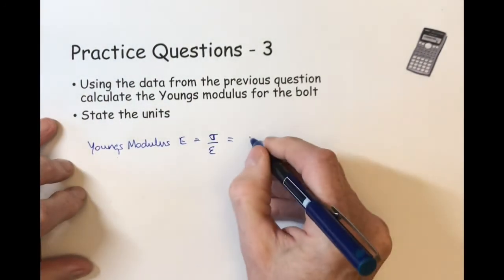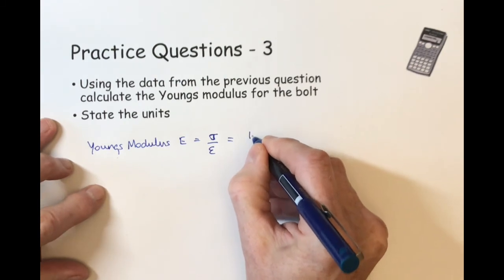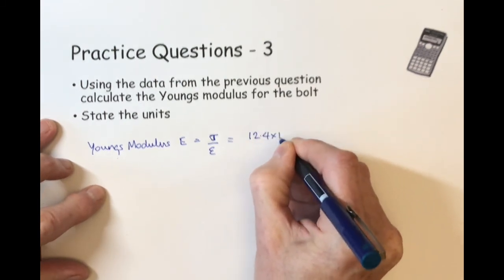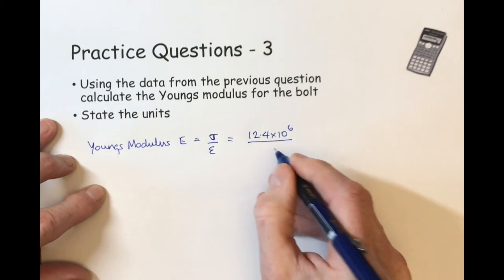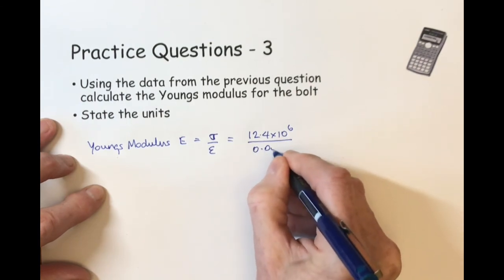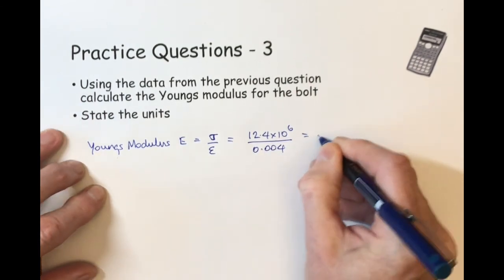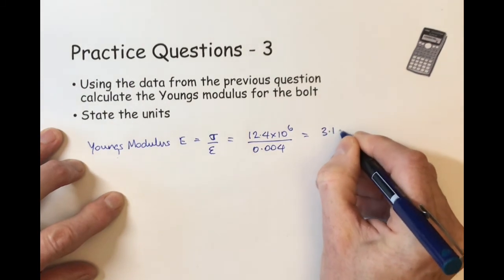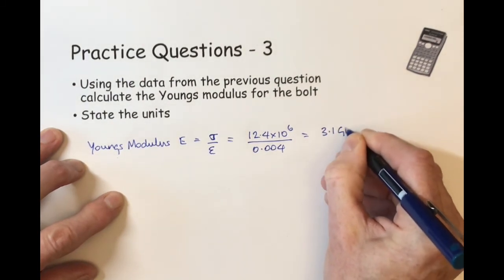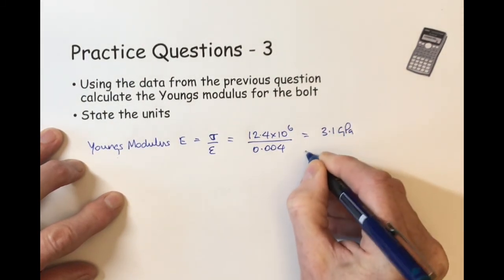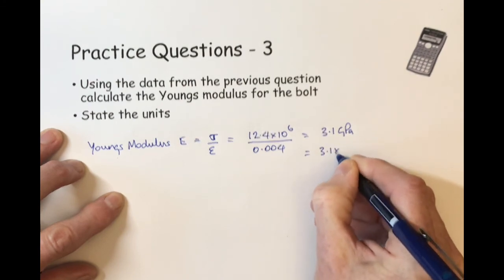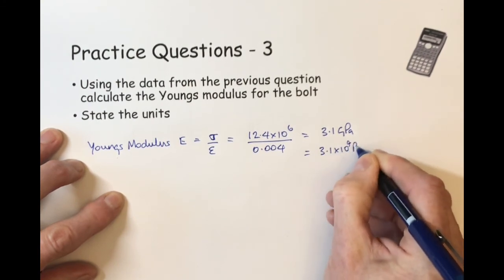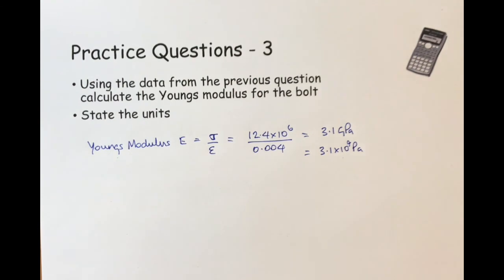So we put in our value for stress, which was 12.4 times 10 to the power of 6, divided by 0.004, and that comes out to 3.1 gigapascals, or you could say 3.1 times 10 to the power of 9 pascals. Doesn't really make any difference. As long as it's clear, that's all you need to do to calculate Young's modulus.